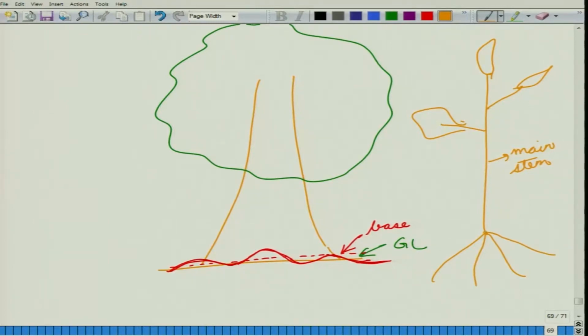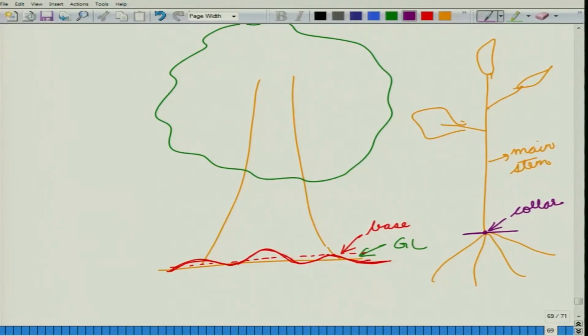Now, this point where the root system and the shoot system meet together is called the collar. So, we could even disregard the ground level and we could take this collar as the base. So, that is the second definition of base. The base of the tree is synonymous with its root collar.